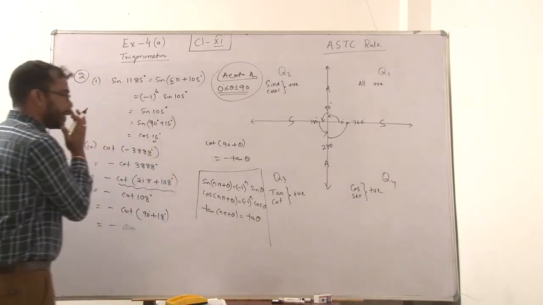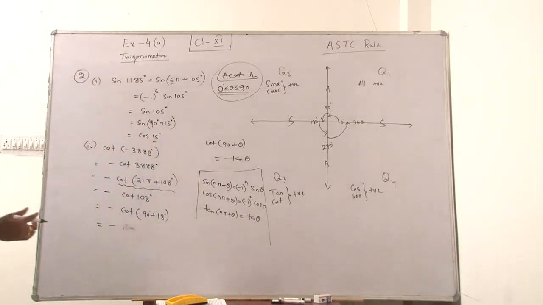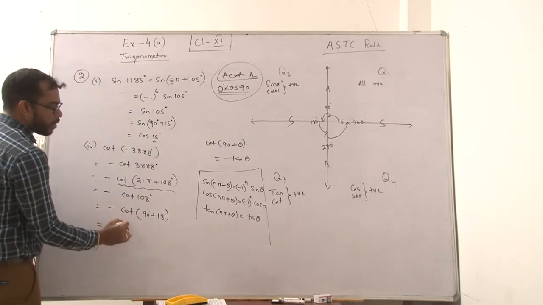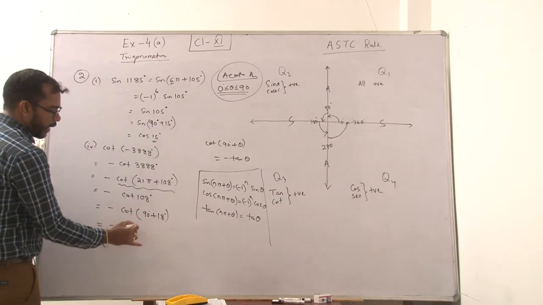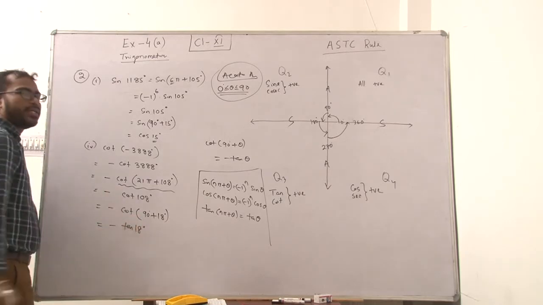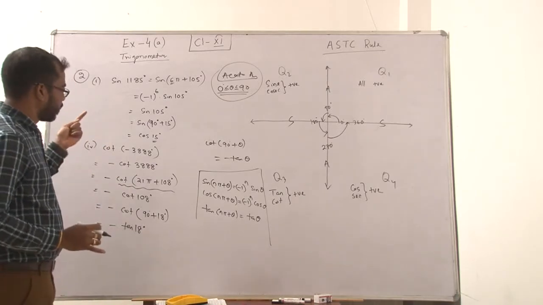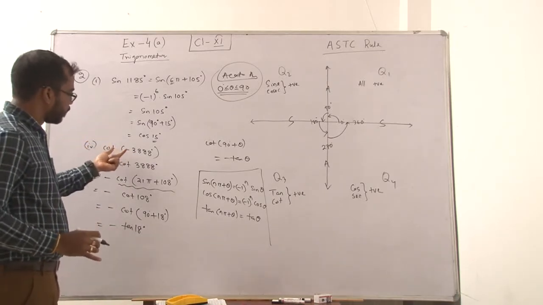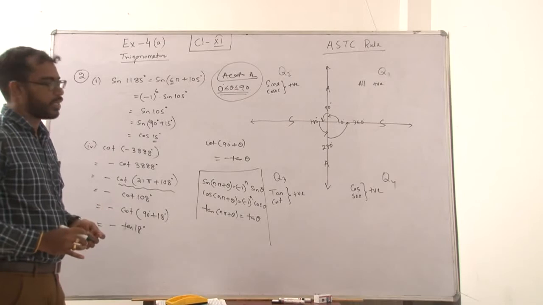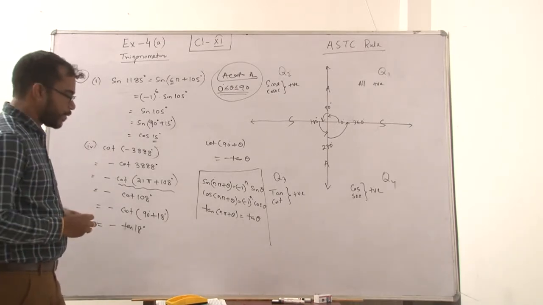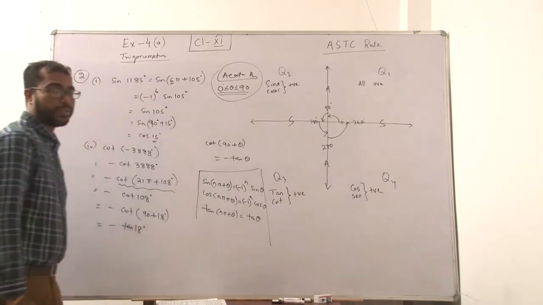So cot (90 + θ) is equal to minus tan θ. So you write minus tan 18 degree, and 18 degree is an acute angle. So you have converted it into an acute angle. Similarly, you can solve the other versions of question number 2.